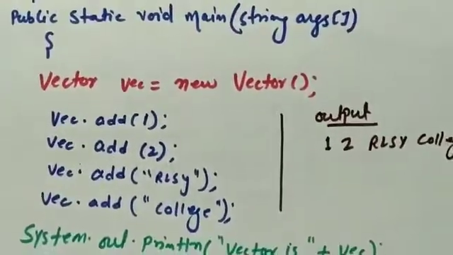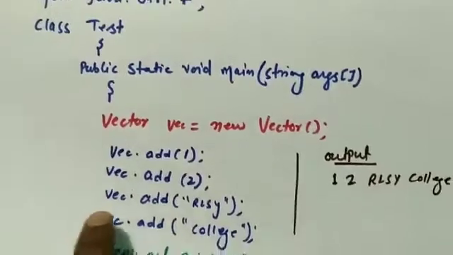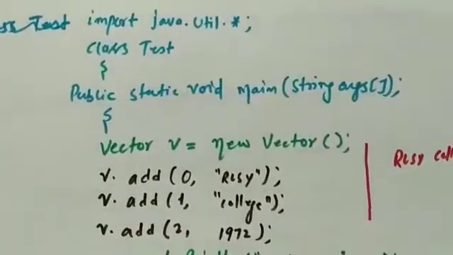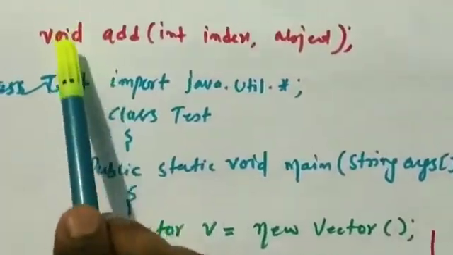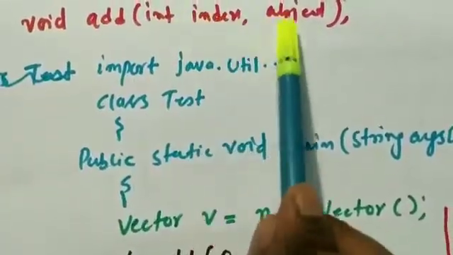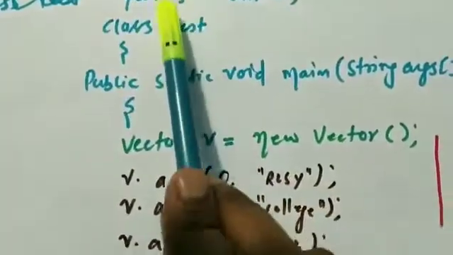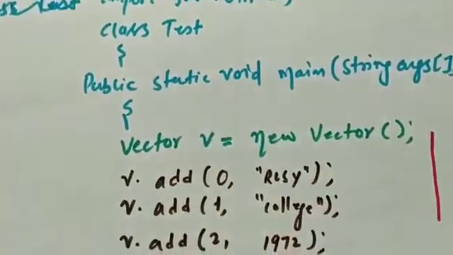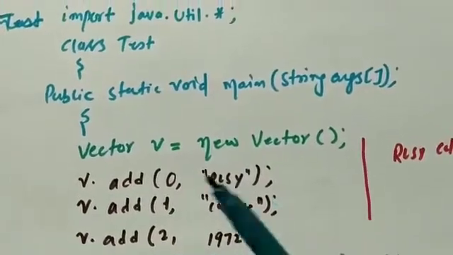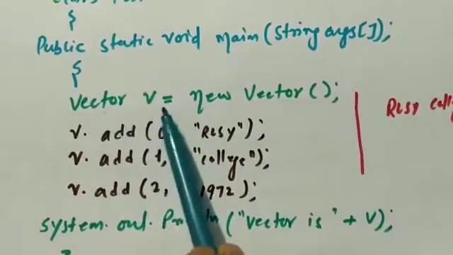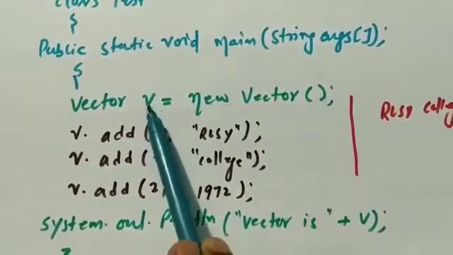Let me show another example of the Vector class. This is the method void add(int index, Object). Let me show an example of this method. Import the java.util package, public static void main, and again we define Vector v equals new Vector. So v is the object of Vector.